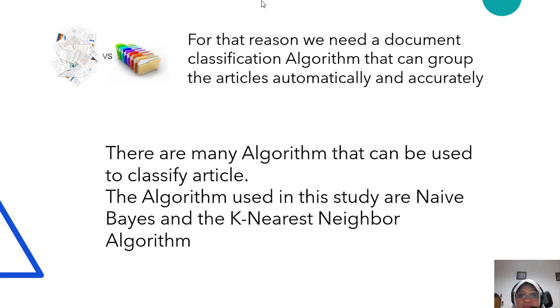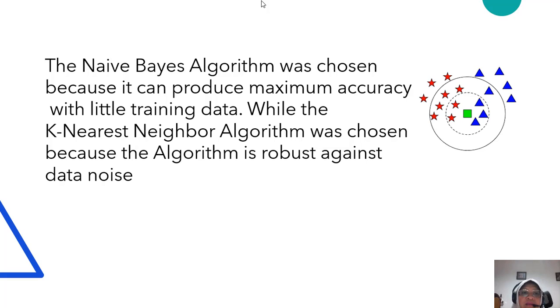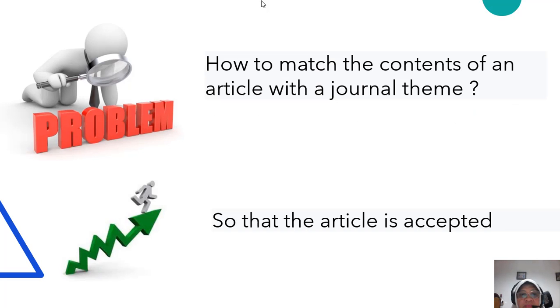There are many algorithms that can be used to classify articles. The algorithms used in this study are Naive Bayes and K-Nearest Neighbor. Naive Bayes was chosen because it can produce maximum accuracy with little training data, while K-Nearest Neighbor was chosen because the algorithm is robust against data noise.